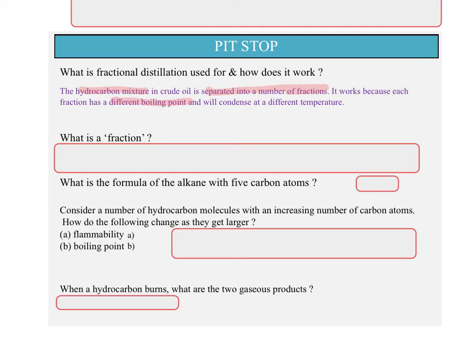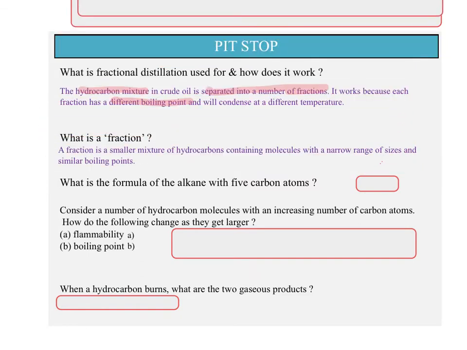And remember, it's that condensing that is key to the idea of fractional distillation. Just because it boils at a different point means nothing unless they condense back into the liquid and we can tap them off again. A fraction is a small mixture of hydrocarbons. And in that smaller mixture, we've got a narrower range of hydrocarbon lengths, and they've all got similar boiling points. So again, they all get tapped off at the same kind of level.